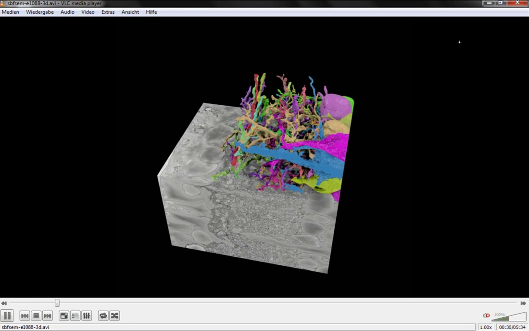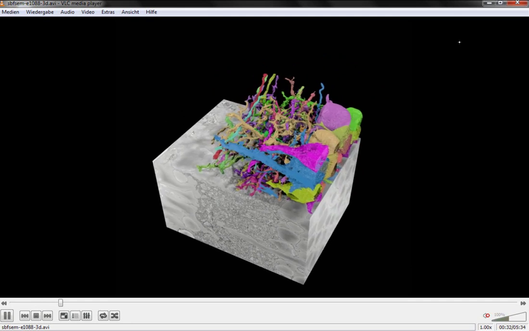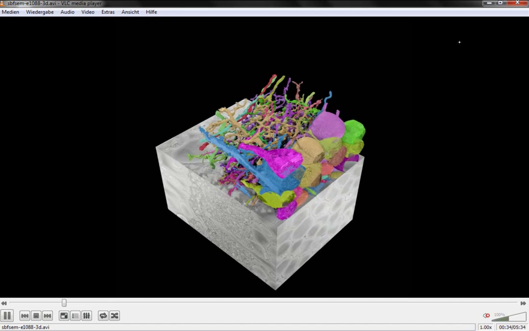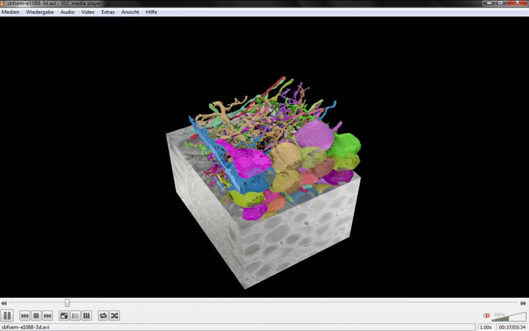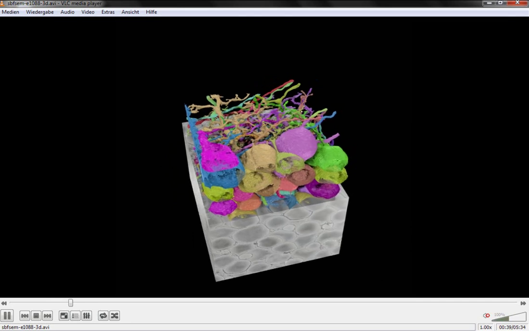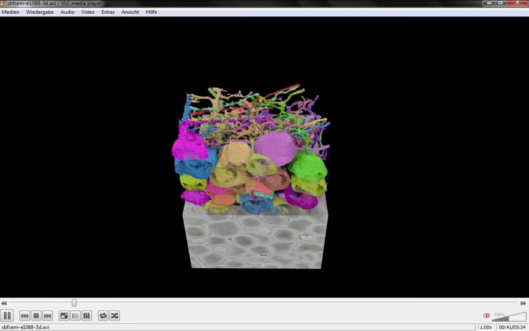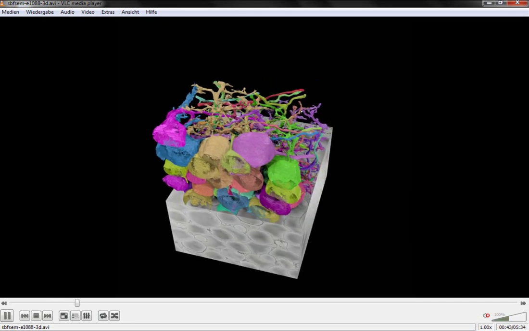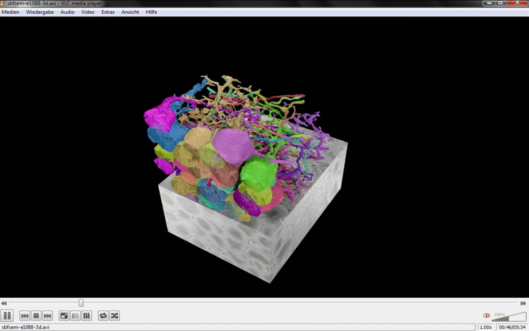This is quite suitable because we'll talk about the eye today. And down here you see cell bodies, and then up here some of the zillions of processes. These are just the coarse processes that you're seeing here.